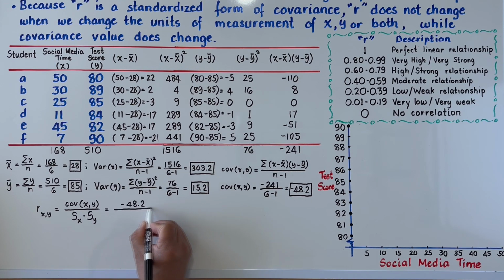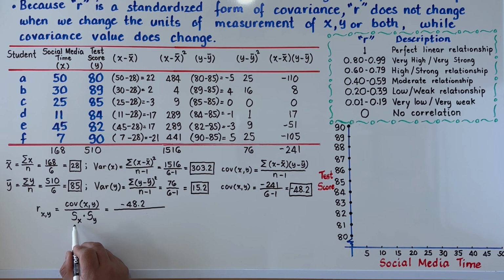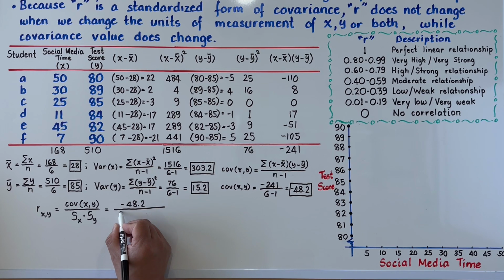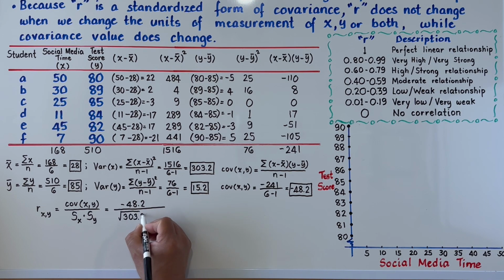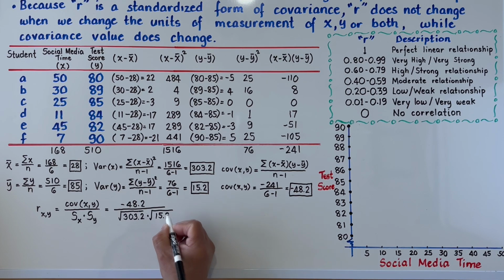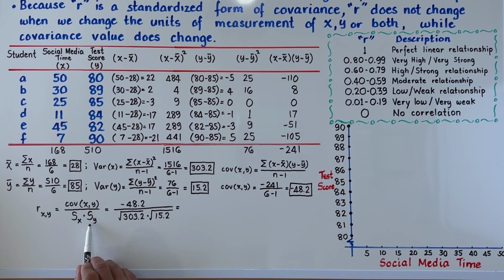And this will be divided by the standard deviation of the variable x, which is the square root of its variance. So we have the square root of 303.2 times the square root of 15.2, because 15.2 is the variance of the variable y, and the square root of the variance is the standard deviation of the variable y.